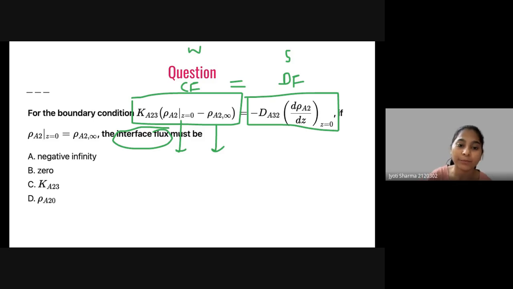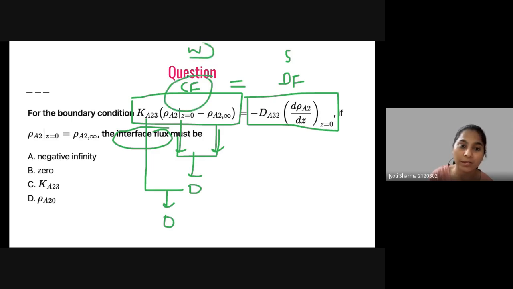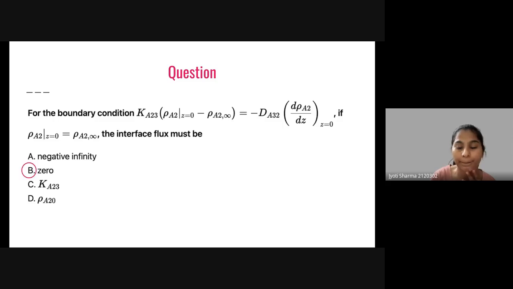Because if both terms are equal and this is 0, and 0 multiplies with this capital Ka23, it will become 0. So it means your convective flux in the water side will be 0, right?